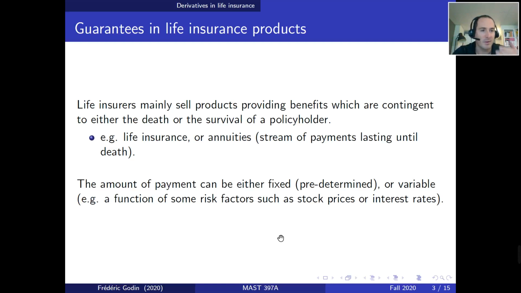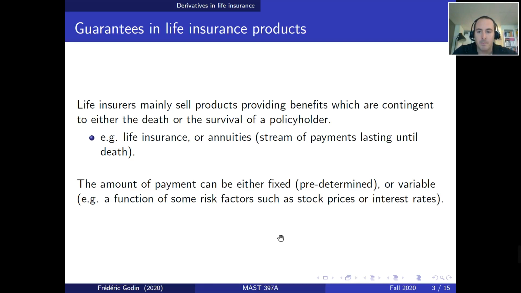For example, you're going to receive $20,000 a year for the rest of your life. Or sometimes there are indexation promises. So for example, it's $20,000 a year, and then this amount will increase with inflation through time.